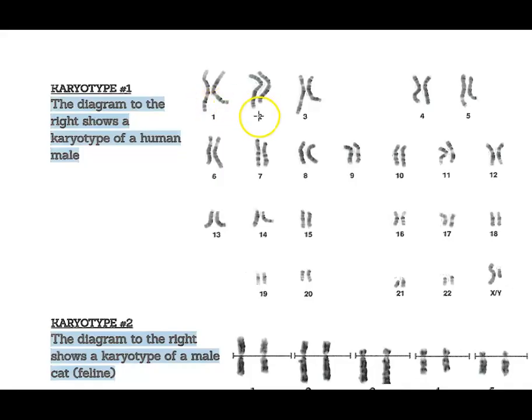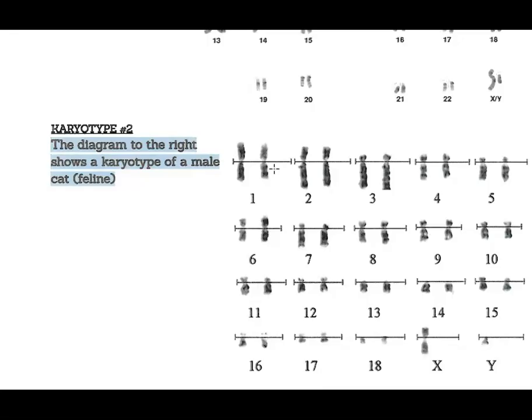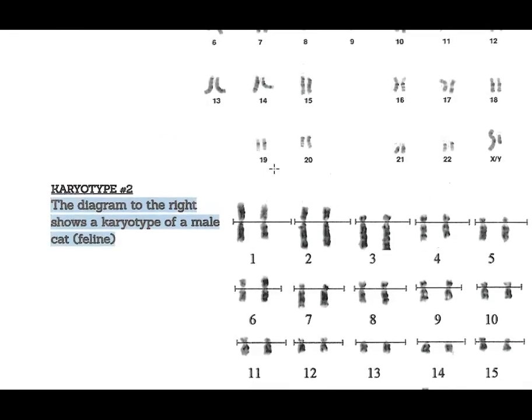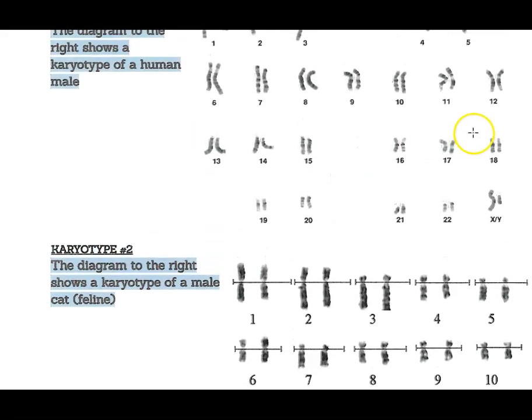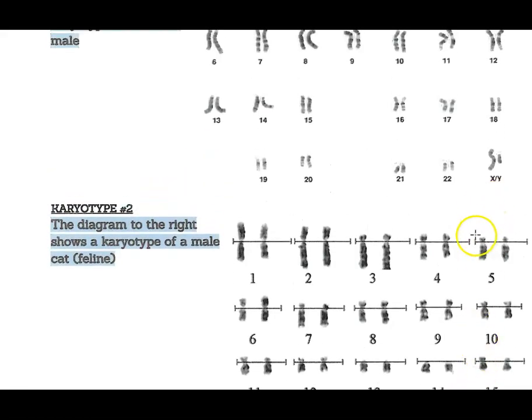Number 2, there's 2, 3. Same thing down here. So they come in pairs. And if you notice, the last one is always XY. So that was some things that I noticed.